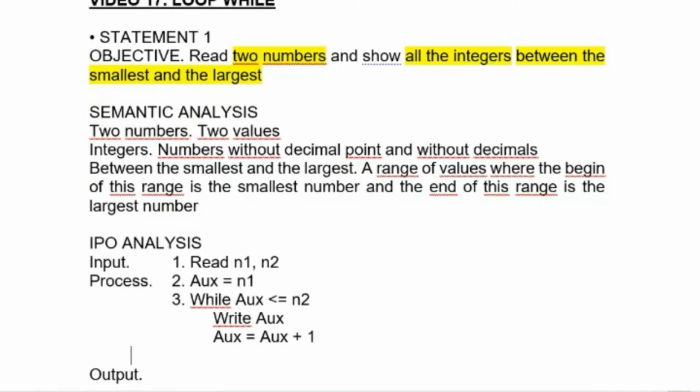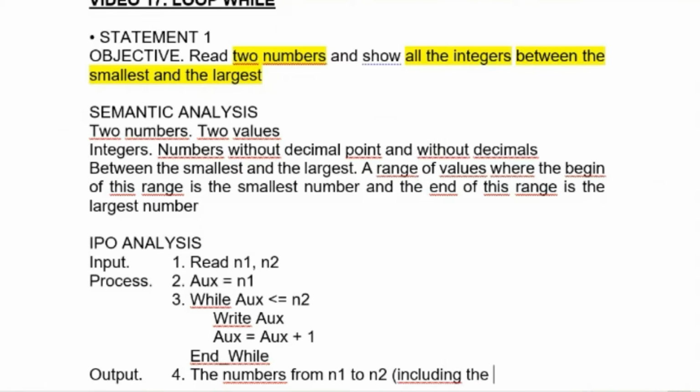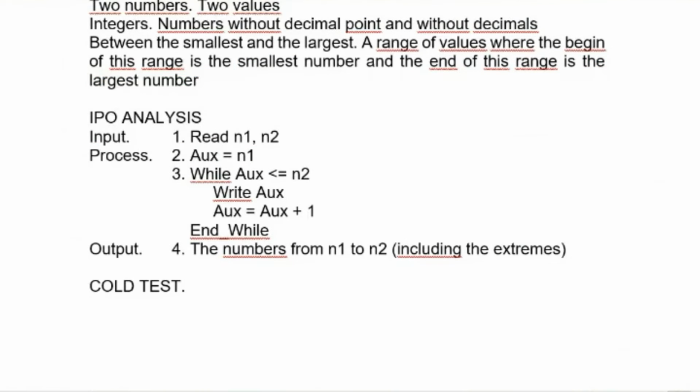Then this is the end of this while. Okay? And what is the output? The output are the numbers from N1 to N2, including the extremes. Okay? The IPO analysis is the algorithm divided in three parts: input, process, and output.